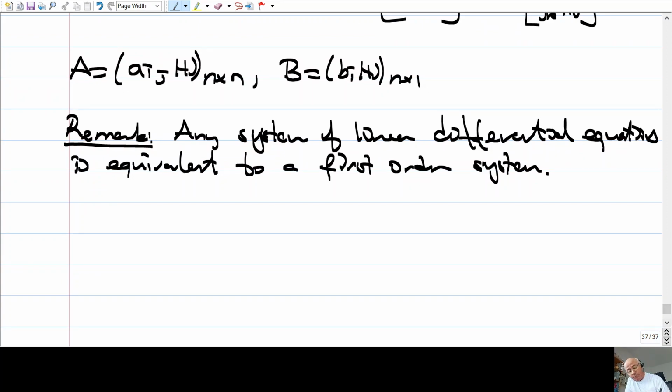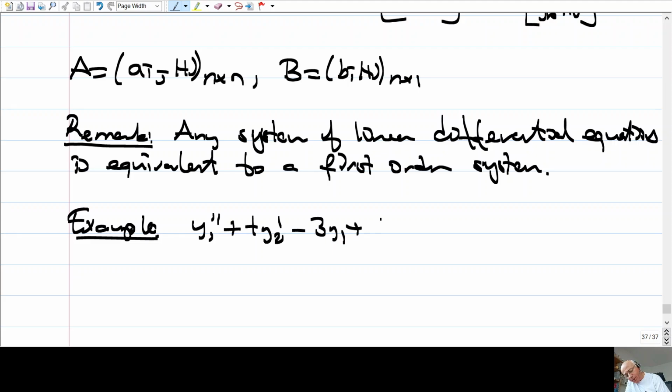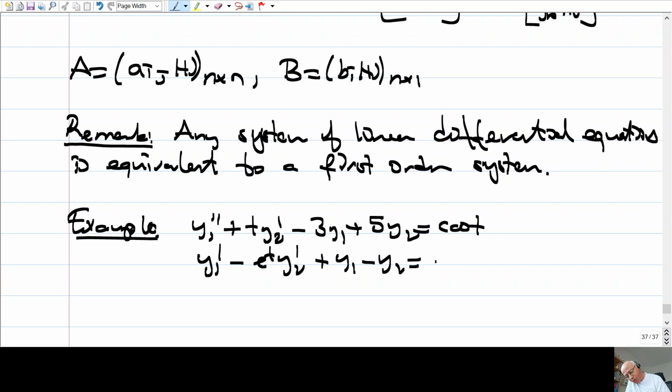Why is that? Well, let me explain this on an example. For example, consider the following system: a 2 by 2 system. Let's say y1 double prime plus t times y2 prime minus 3y1 plus 5y2 equals cosine t, and I have, let's say, y2 double prime minus e to the power t y1 prime plus y1 minus y2 equals sine t. So this is a 2 by 2 system.